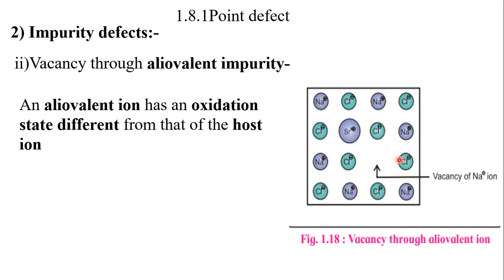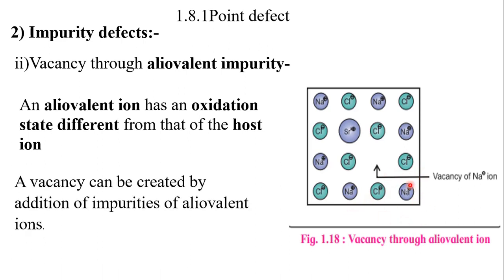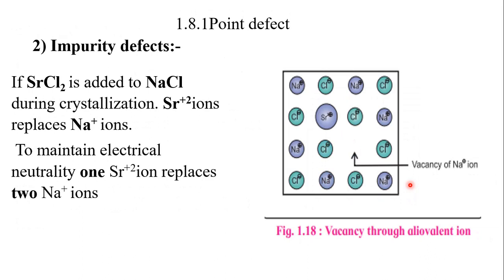Now how it is created, that we will see. So aliovalent ion means an ion which has an oxidation state different from that of the host ion. Now the host ion is sodium ion, and sodium ion has oxidation state +1, and strontium ion has oxidation state +2. So when SrCl2 is added to sodium chloride during the crystallization process, then the Sr+2 ion replaces the sodium ion, because here the charge on Sr is +2 and the charge on sodium is +1.